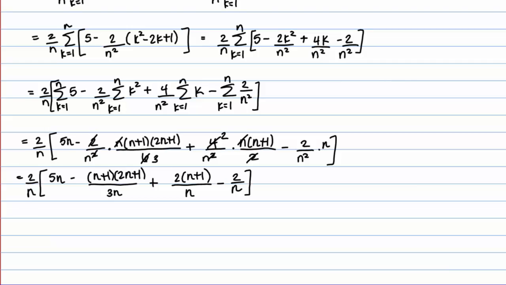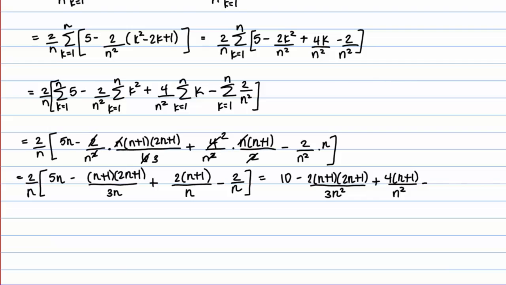And let me just distribute this 2 over n. So that's going to give me 10n minus 2 times n plus 1, 2n plus 1 over 3n. Plus, it should be a plus 4 times n plus 1 over n squared, minus, sorry, I keep seeing little mistakes here.